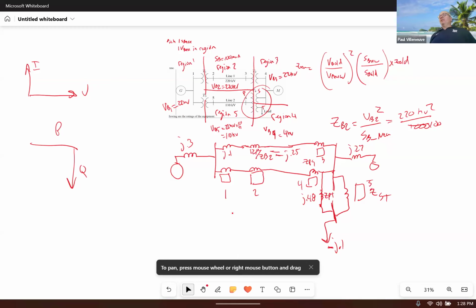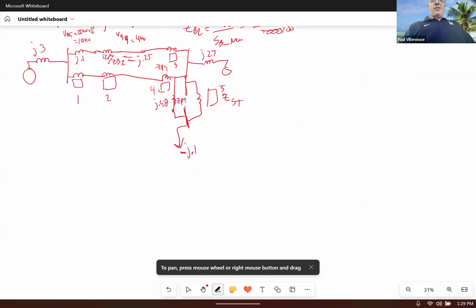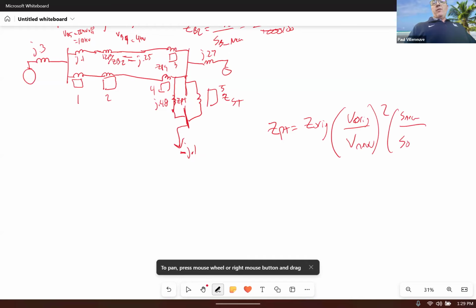Okay, you don't have to use Excel, right? I'm just doing it in Excel. What I can show you is manually what I did. So Z primary to tertiary is equal to the original primary to tertiary impedance multiplied by the original VB divided by the new VB squared, multiplied by the new SB over the old SB. So for this one, we had 0.072.